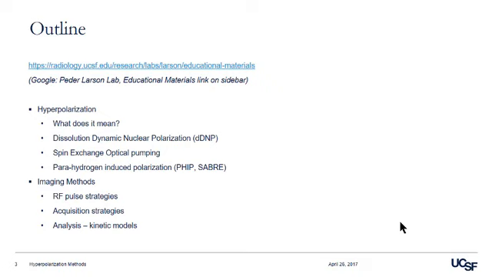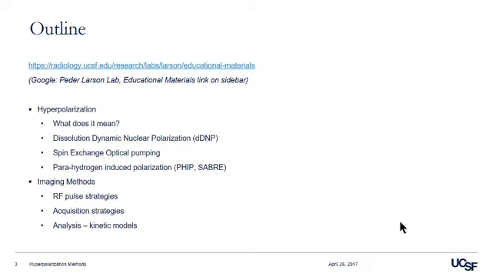Here's the outline of what I'm going to go through this morning. The first half I'm going to be talking about more of the physics behind what we mean by hyperpolarization, and then some of the specific techniques. I will go briefly through all of these, but with a little more emphasis on dissolution dynamic nuclear polarization, because that's more the focus here.